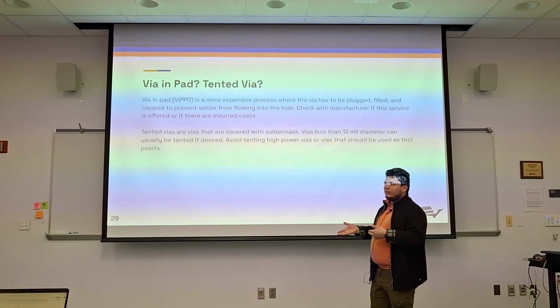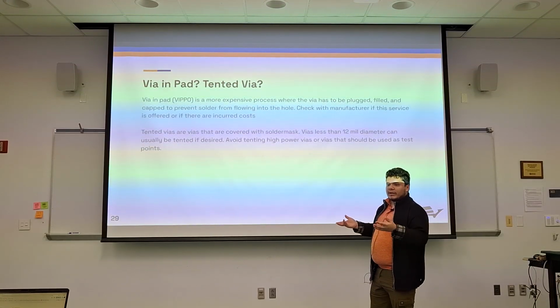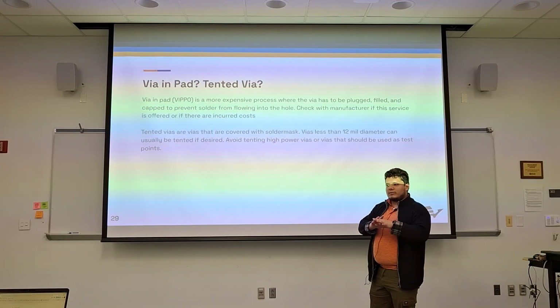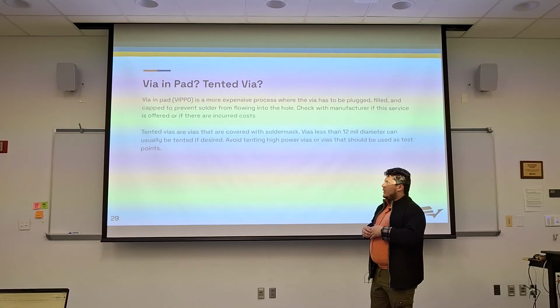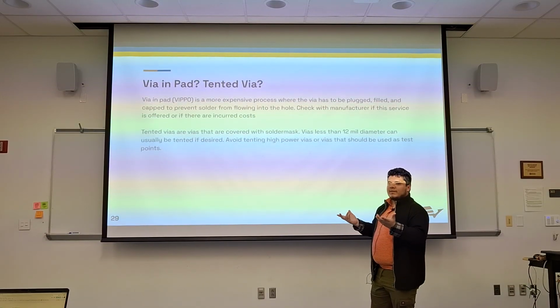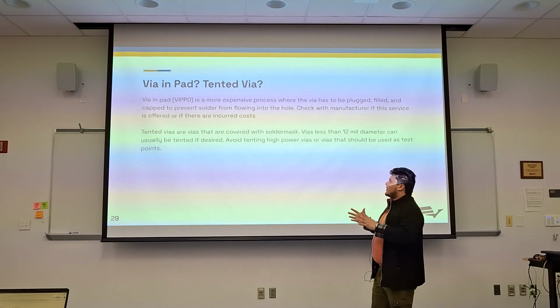And so really the only real use that you would have in tented vias is if you have a lot of silkscreen. So like your reference designators or other design markings, because y'all track the revision of the board and all that, right? So if you have a bunch of exposed vias, then that's less places where you can put markings. Just a side note.